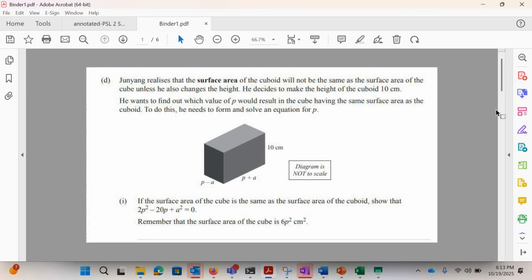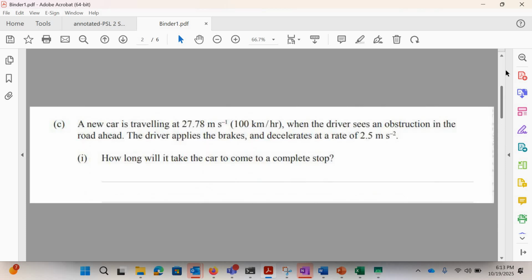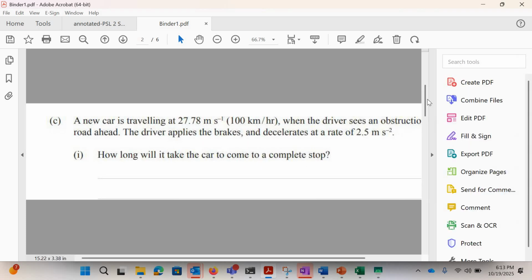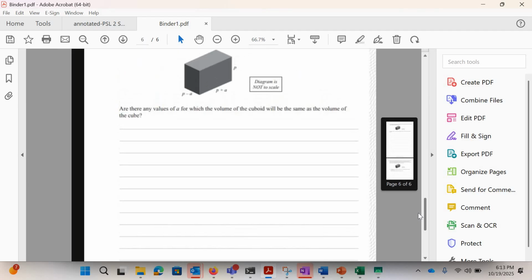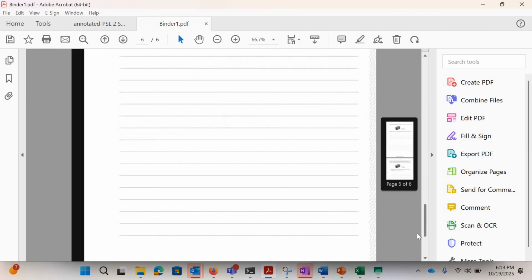So the values of a would have to be, let me see, they're out of order, which is why I'm having trouble.